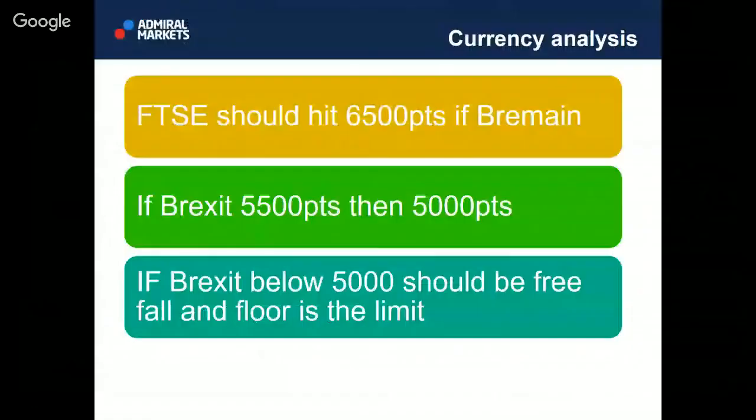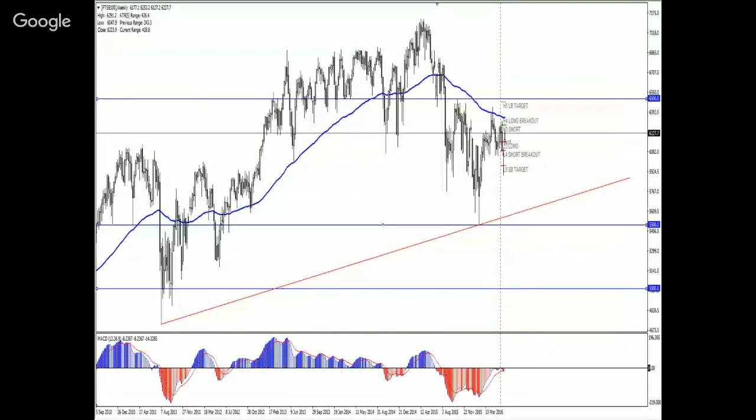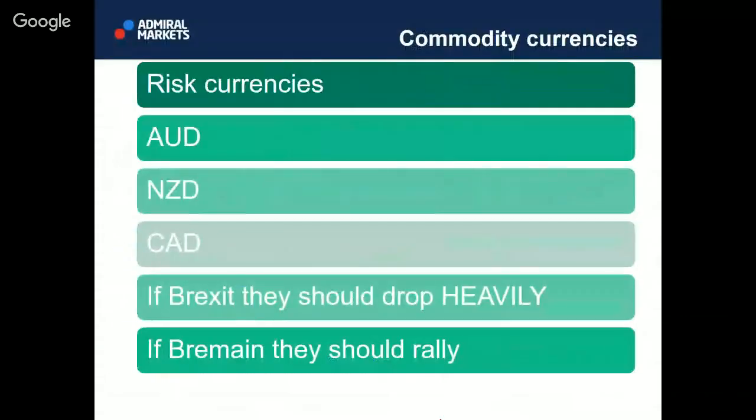Okay. Additionally, guys, we also need to pay attention to risk currencies such as Aussie, New Zealand, CAD. You remember my analysis with Forex Street yesterday. I definitely knew that dollar CAD was going to fall.